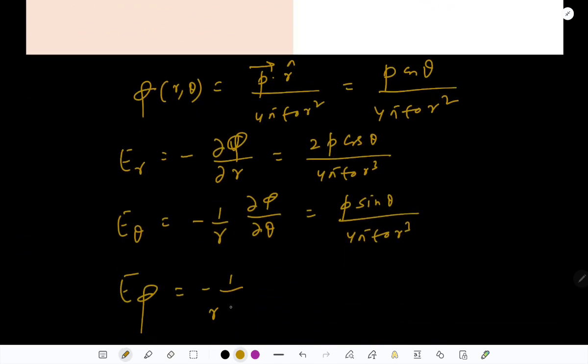So you can write here 1 by r sin theta del phi by del phi. May I write potential as V, because this becomes something else, del V by del phi. Phi is one of the coordinates, so I made a mistake here taking it phi. I should have taken it as another angle, because phi is reserved for potential in our case. So if I write again potential V for potential, the result will be equal to 0, because V doesn't depend on phi in any manner.